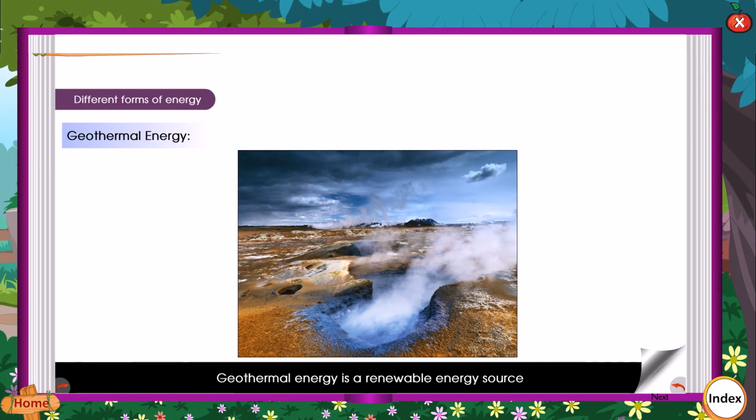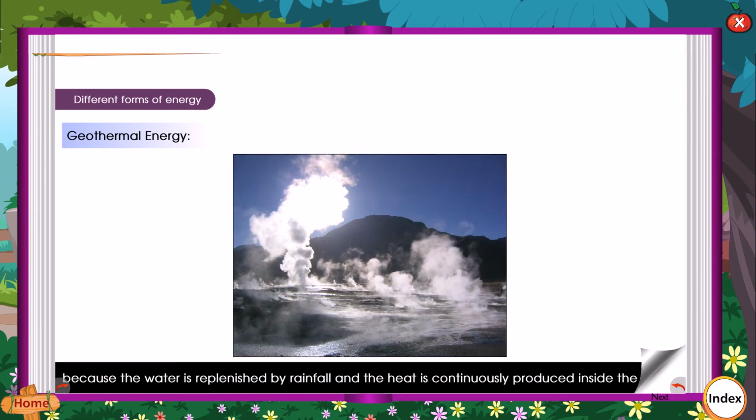Geothermal energy is a renewable energy source because the water is replenished by rainfall and the heat is continuously produced inside the earth.